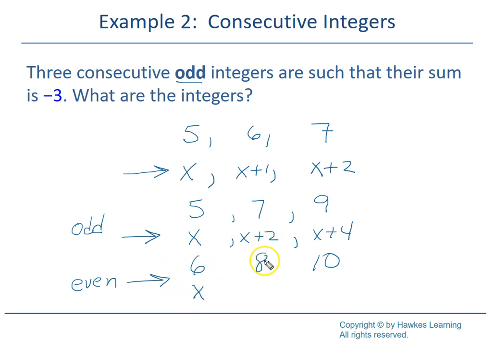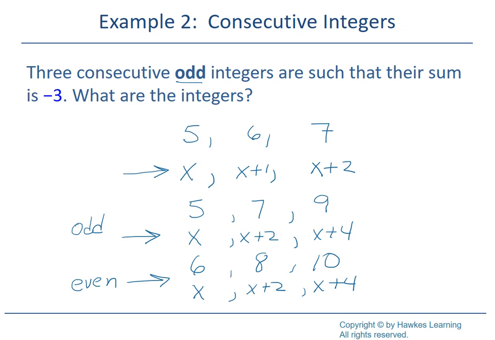How do we get 8, our next even integer? Well, we add 2. And the next even integer, if x is our first, which is 6, you add 4. Now, this is where it is somewhat confusing for students.